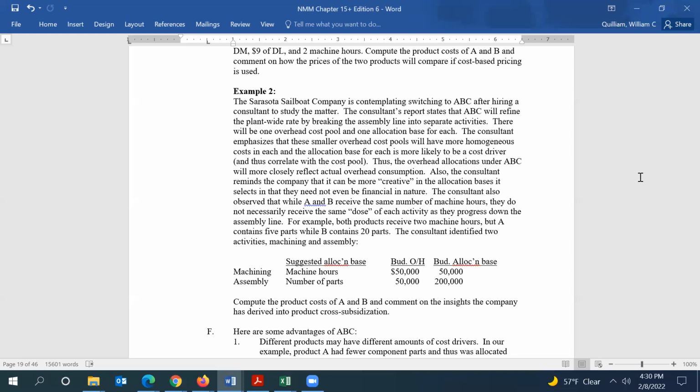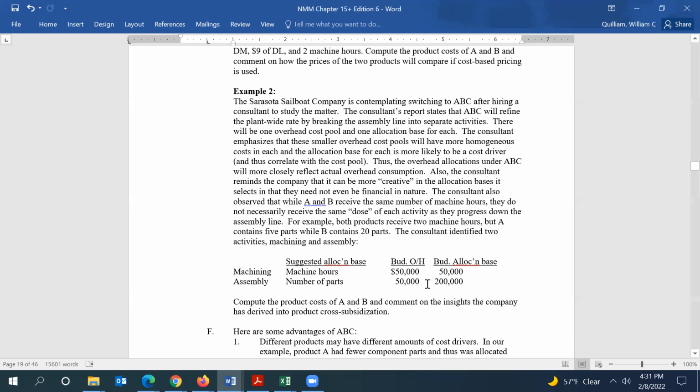And the consultant identified 2 activities. Again, machining and assembly. So machining, allocation base, number of machine hours, overhead, $50,000, and there are 50,000 machine hours. Then assembly, allocation base, number of parts, again, making sense, because we're putting parts together in assembly, so as we have more parts, the overhead costs of the assembly activity go up.